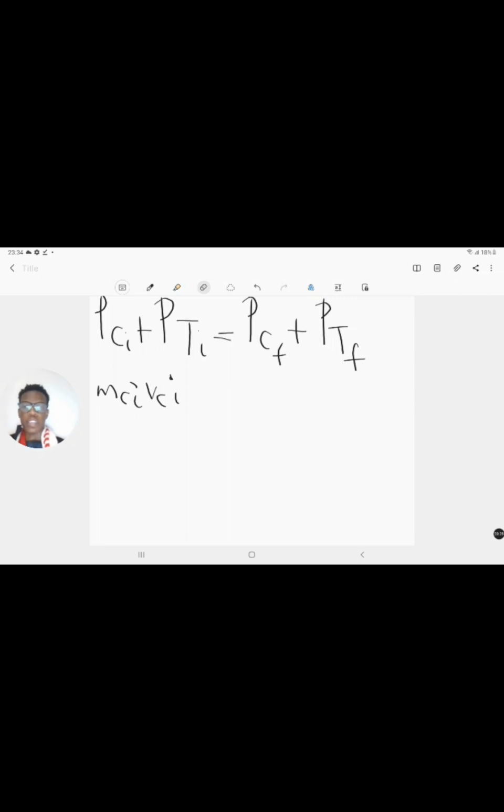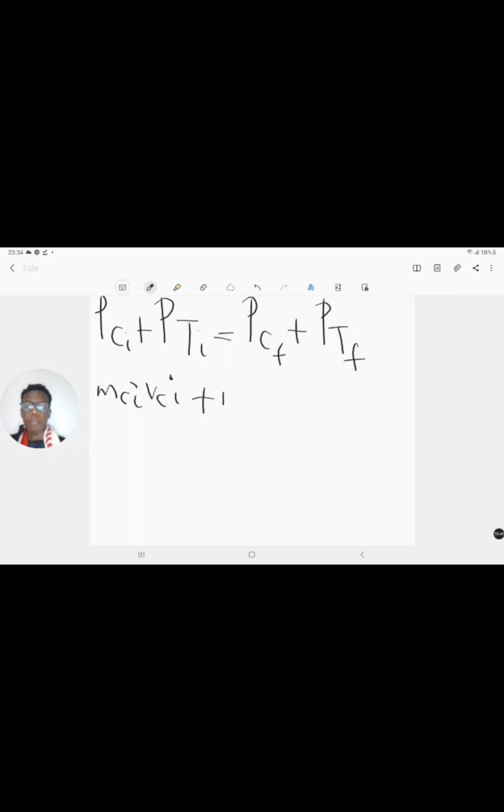Okay, so the fact that I'm saying MCI and VCI, C just means car, I means initially, right? The important thing is that I have my M there, my mass. So my mass of my car initially times the velocity of my car initially, that's the total momentum of the car before the collision, right?